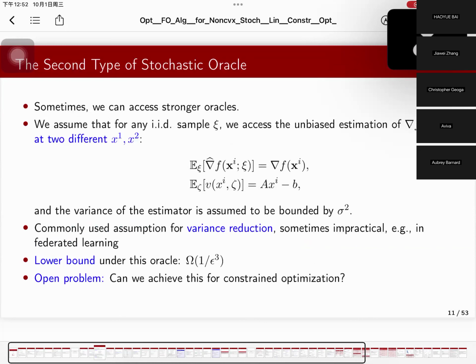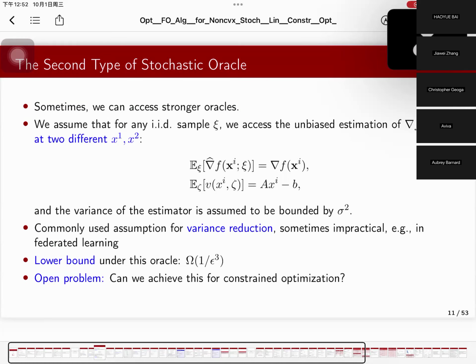Sometimes we can have a stronger stochastic oracle. It means that for one sample zeta, we can estimate the stochastic gradient at two different points and estimate the constraint residuals at two different points. This is a stronger oracle.